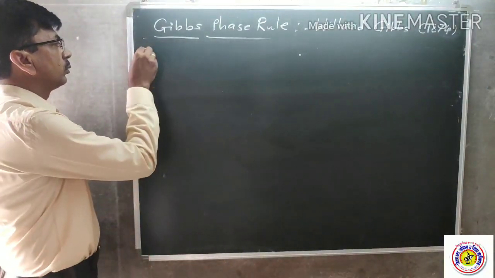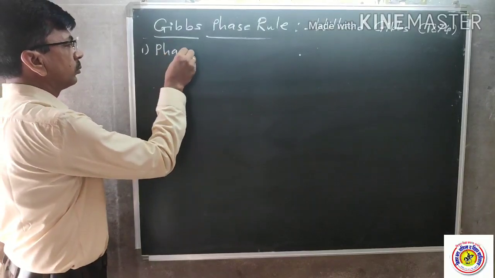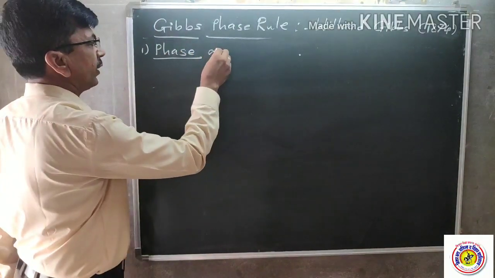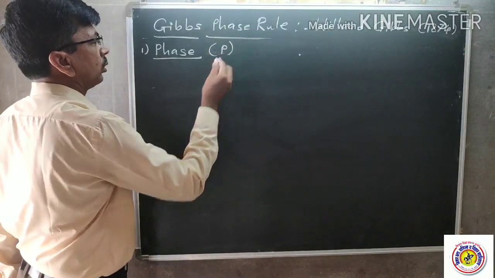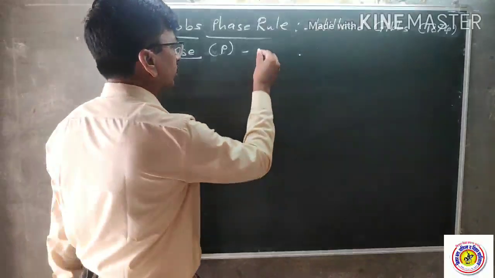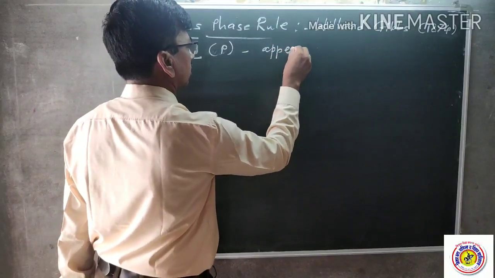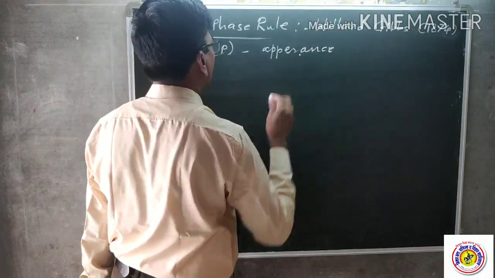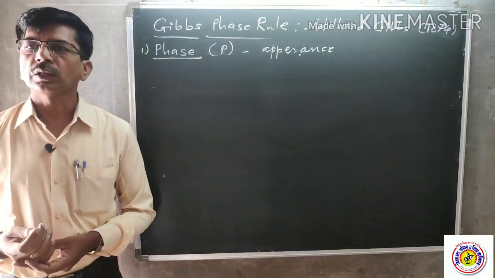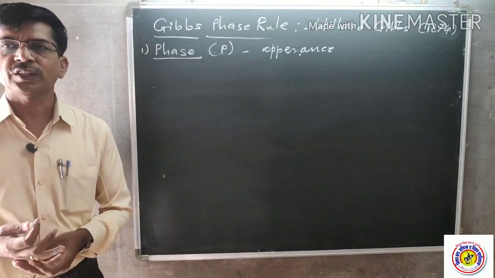Now, the important term in the Gibbs phase rule is phase or phases. The Greek meaning of phase is appearance. Now, what is a phase?